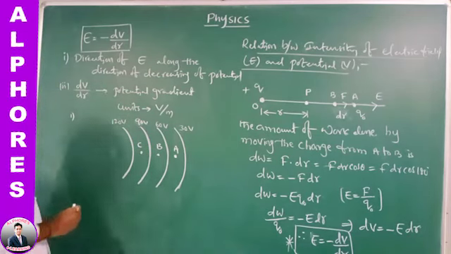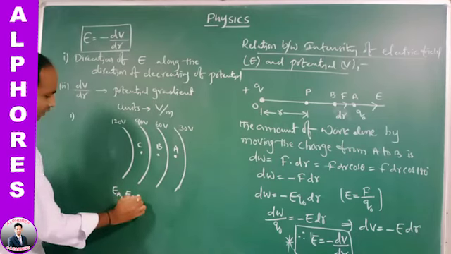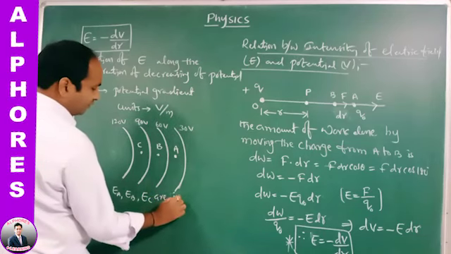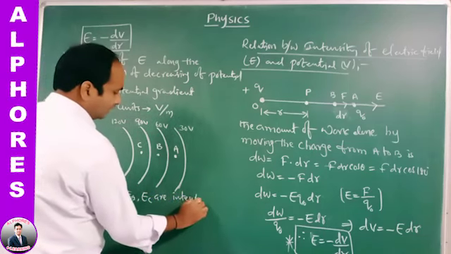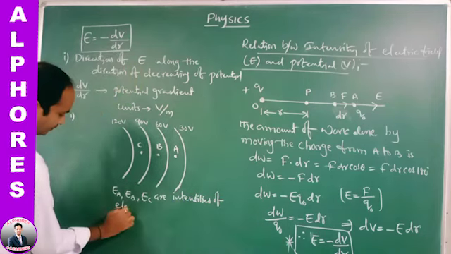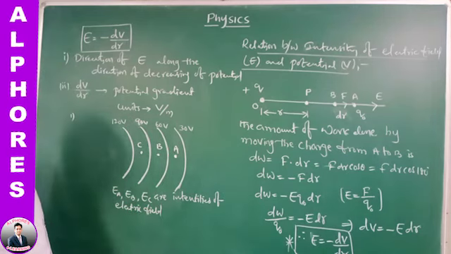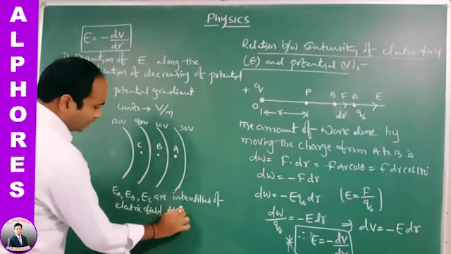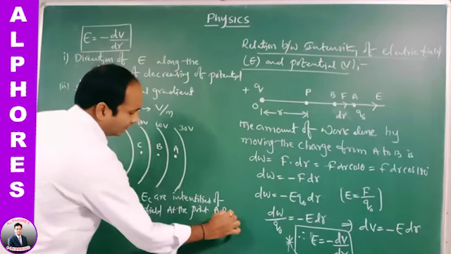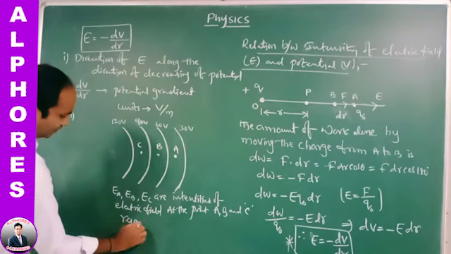Let us take EA, EB, EC as the intensities of electric field at the points A, B and C respectively.